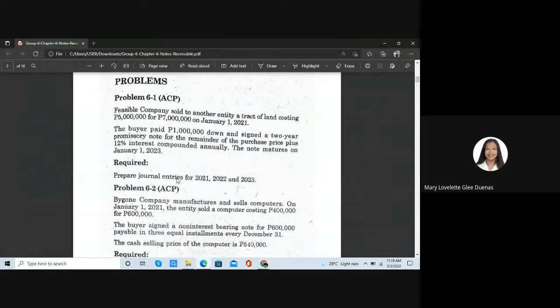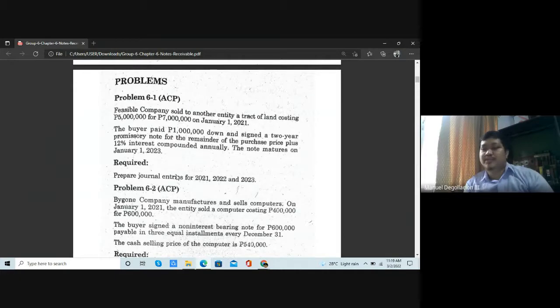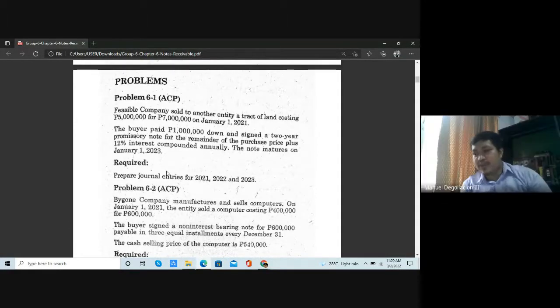It's still the same, sir. Which is debit accrued interest receivable for 720,000 and credit interest income.